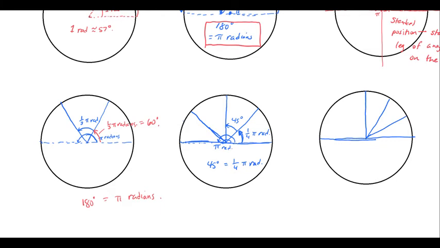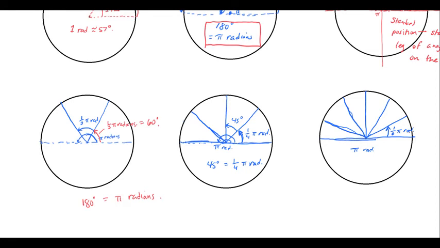I'm doing this as best I can here, just sort of freehanding it. There we go. Doing this on a tablet is kind of tough. So what is the measure of this angle? Well, I've divided pi radians into 6 equal parts. So this should be 1/6 of pi radians.